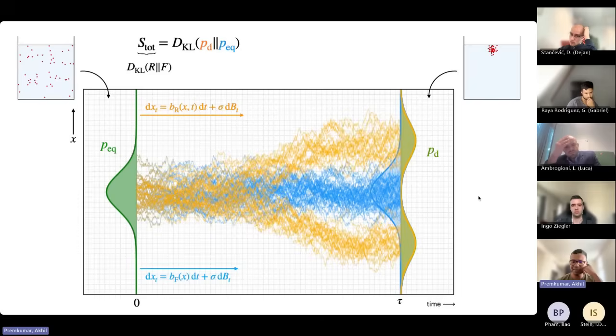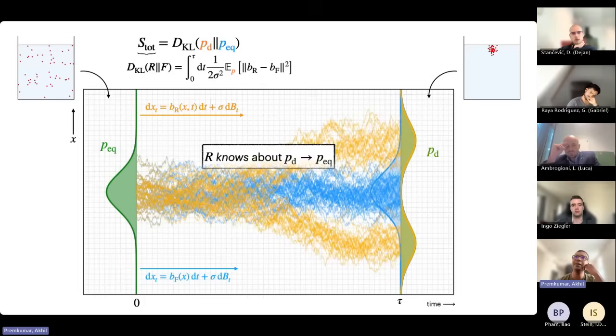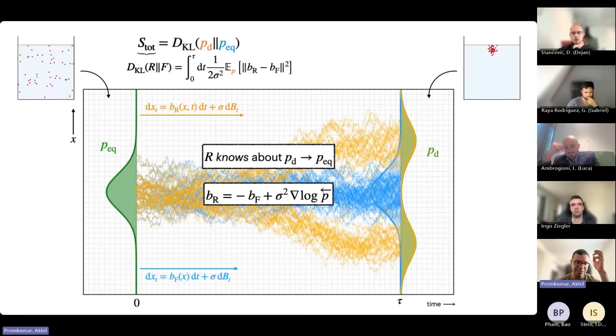As Luca pointed out earlier, you can express the pathwise KL as this difference between the drift terms of the forward and reverse processes, which gives you this expression. To summarize everything we've discussed so far, the reverse process knows about the P_D to P_equilibrium transformation because it's just a playback of that process.